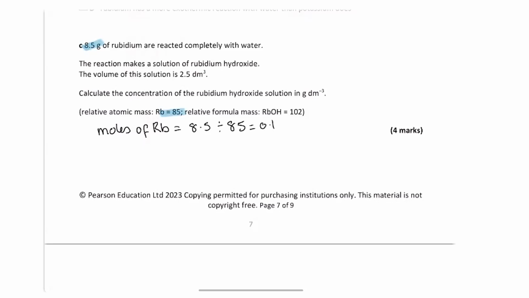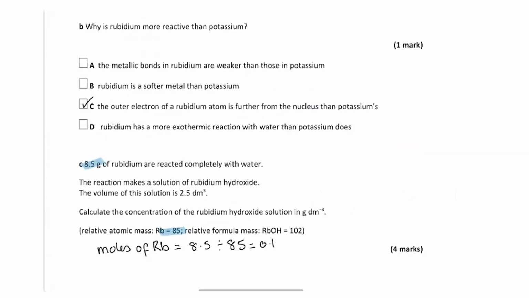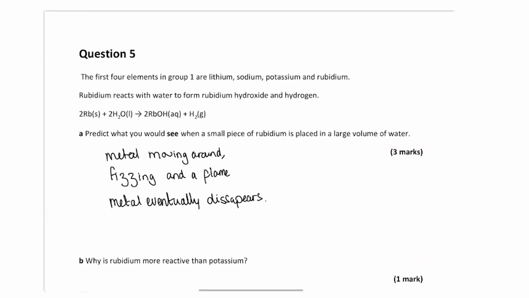Now we need to work out rubidium hydroxide, and we need to have moles of rubidium hydroxide. And this is a bit that some people, looking at this, are not very sure where to go next. What you need to do always, always, always is go to the equation. Now the equation here is up here, and you can see that rubidium and rubidium hydroxide are in a 1-to-1 ratio.